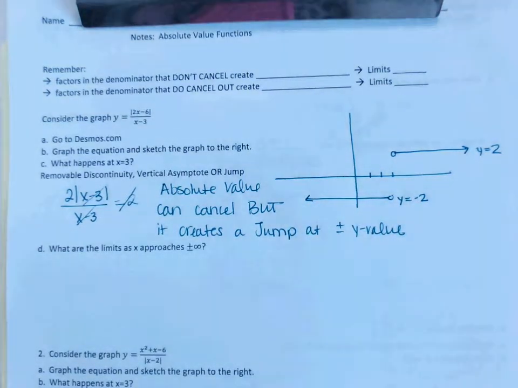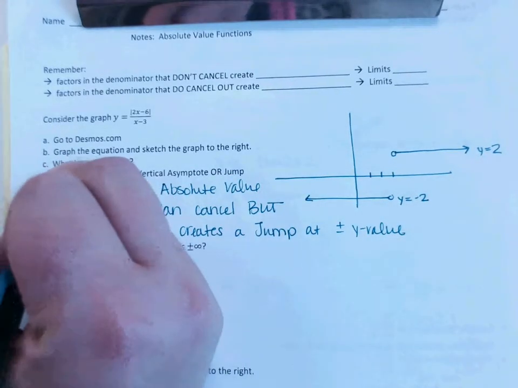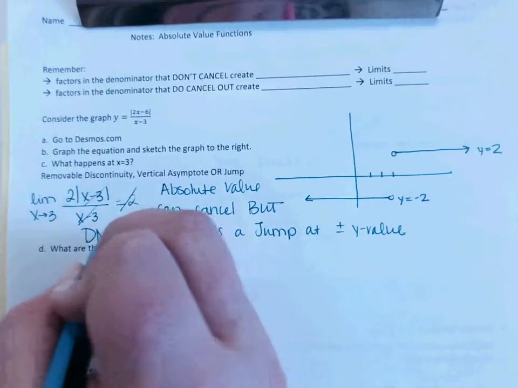So, if the limit from the left is minus 2, but the limit from the right is positive 2, does this limit truly get fixed if it's an absolute value? No. So what would you put for the limit? DNE. So this limit, as x approaches 3, is actually a DNE.